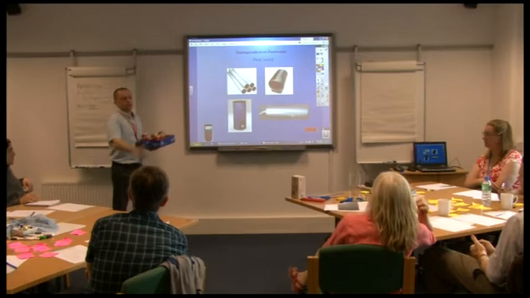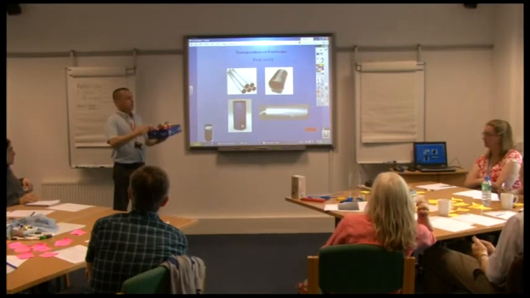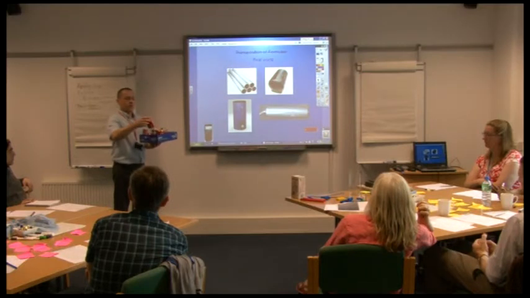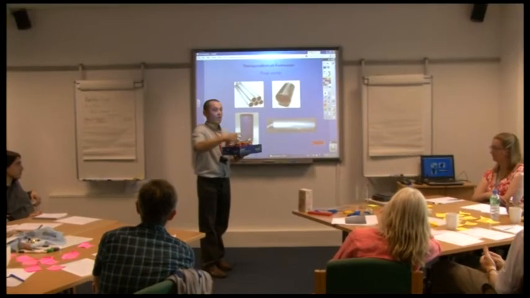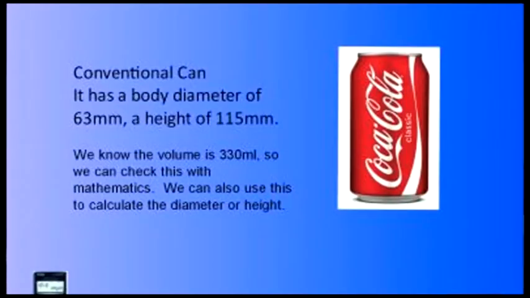I would get them now to sit and work out, we know the volume's 330 millilitres. That is easily found on the internet, freely available, PowerPoint, all to do with a 330 millilitres Coke can.